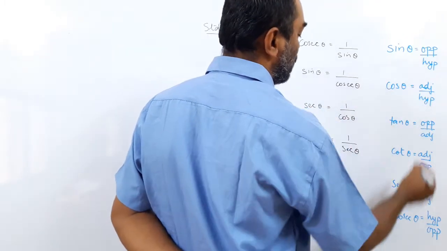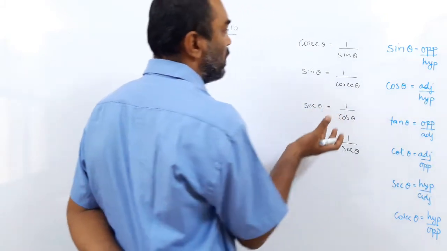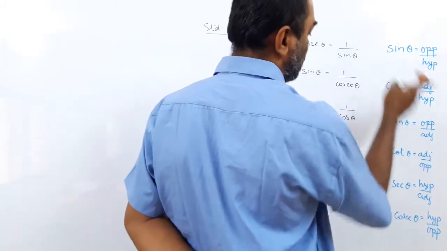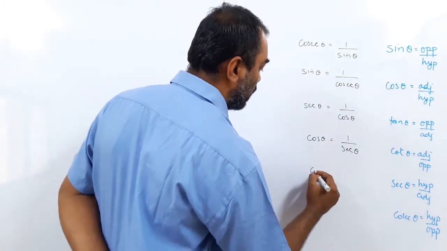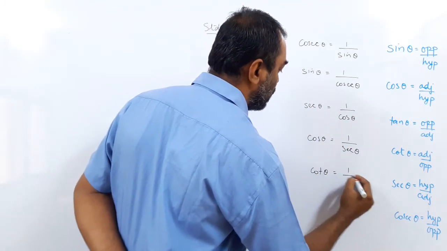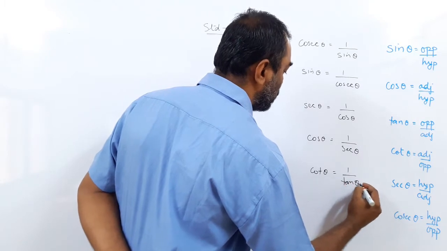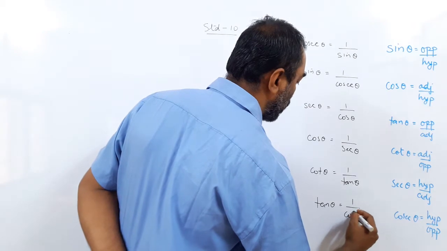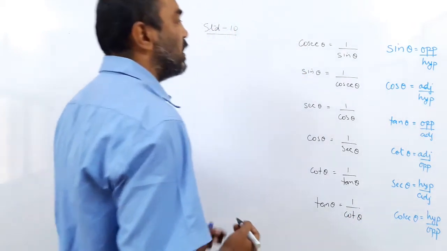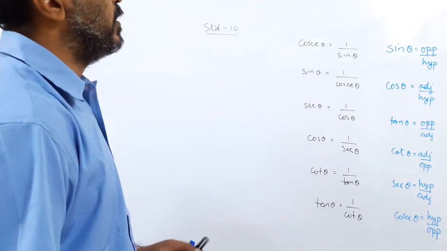Once you have understood and learned these identities, this will be very easy for you. Like we said yesterday, sine and cosec are reciprocals. And also we have cot theta is 1 upon tan theta, and tan theta is 1 upon cot theta. So which identities are these? These are the reciprocal identities.